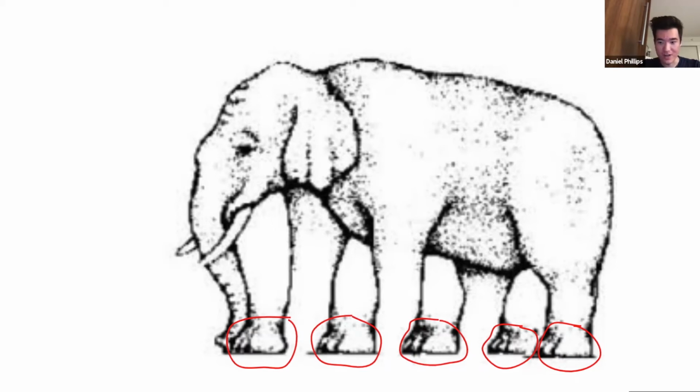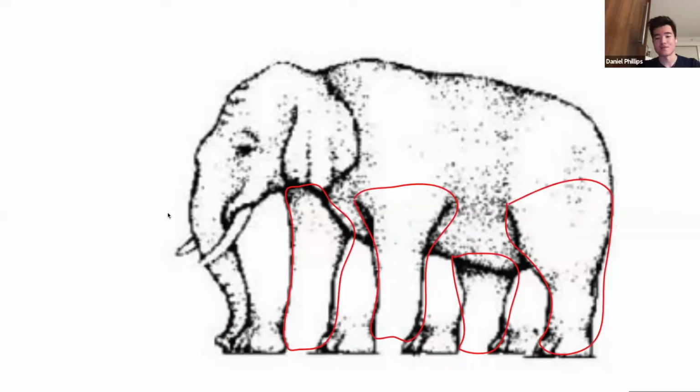But this is one element of an illusion and how it takes something that's real and makes it a little more confusing in that regard. So as for the legs, we already discussed how there are 5 feet, which you saw on the ground. But if you still look at the body of the elephant, you'll notice that there are 4 legs. And it's a little confusing because there's 4 legs and there's 5 feet.